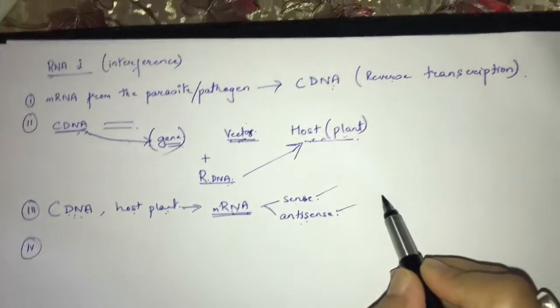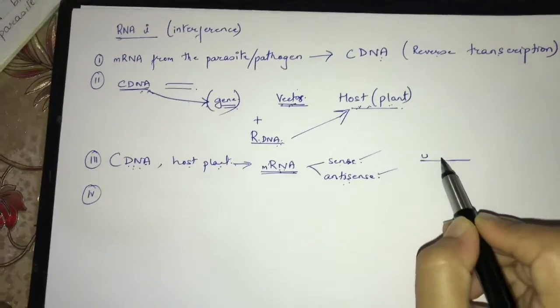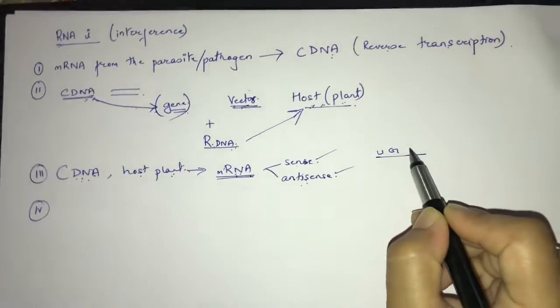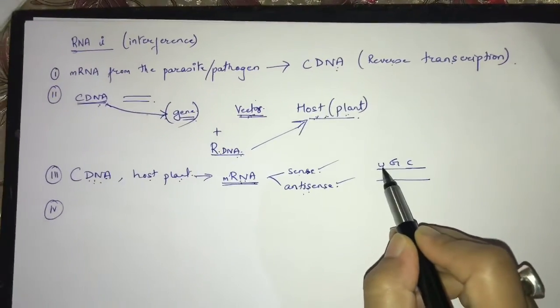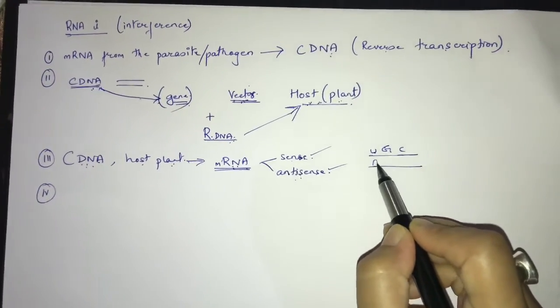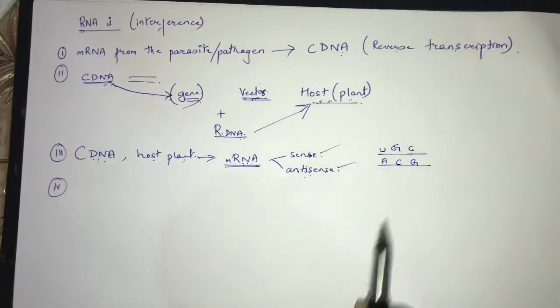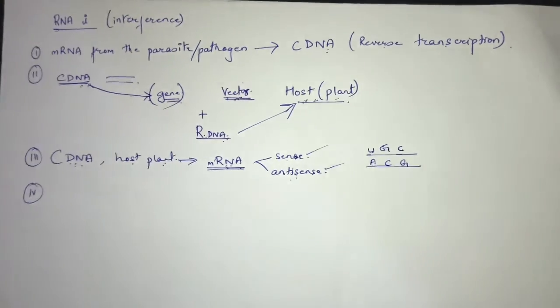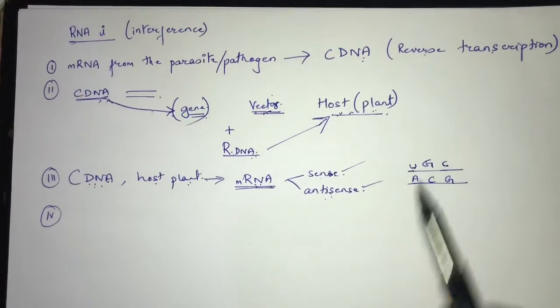That means if in one strand there is uracil, guanine, cytosine, then in the other, antisense strand, it will be complementary. Opposite to U will be A, G will be C, C will be G, like that. Only thymine will not be there, because you know that in RNA thymine is not present. Instead of thymine there is uracil.